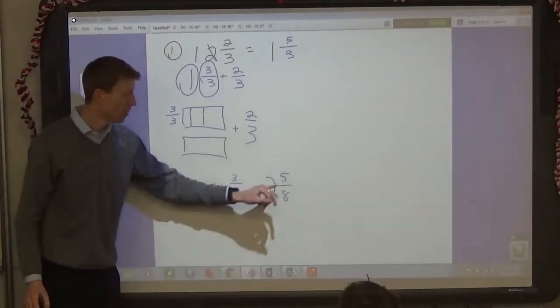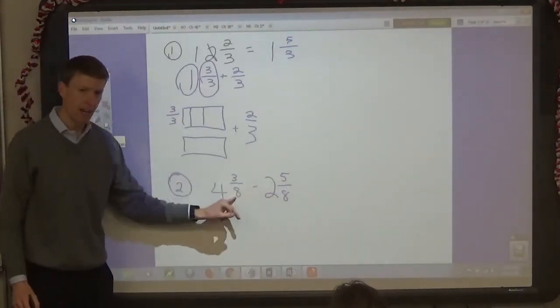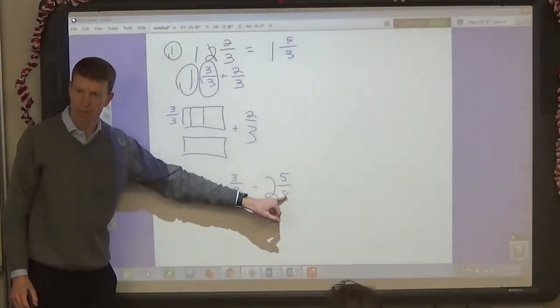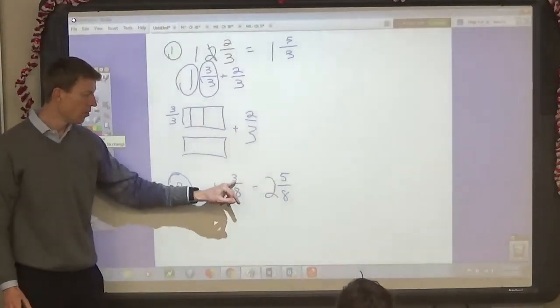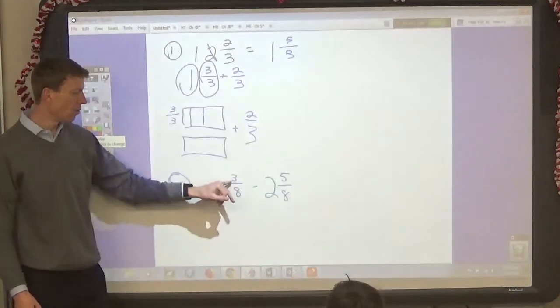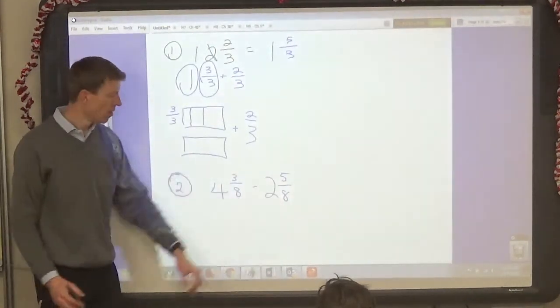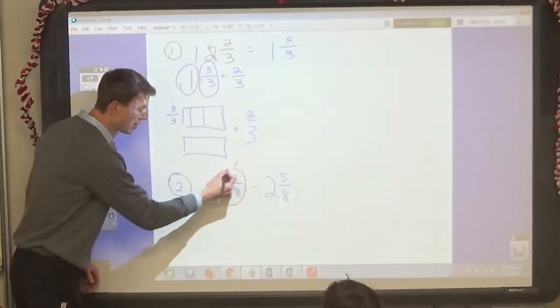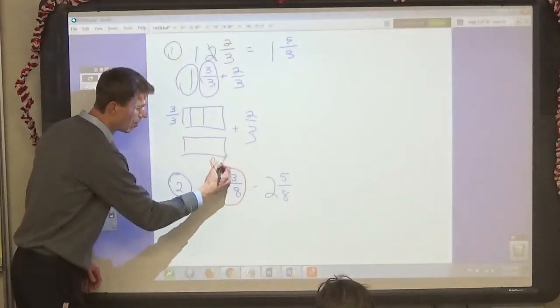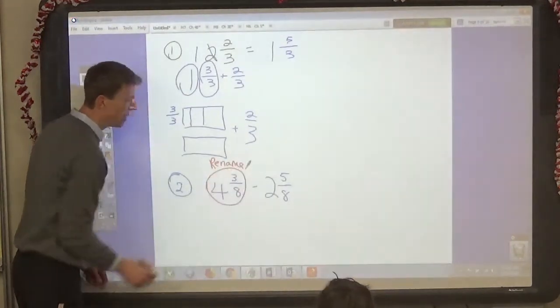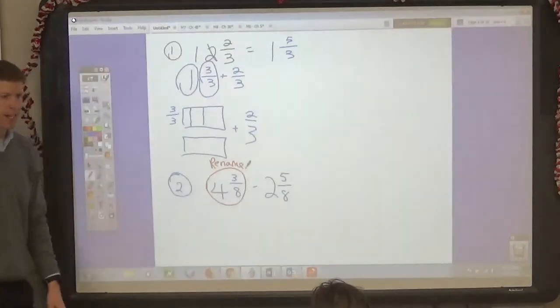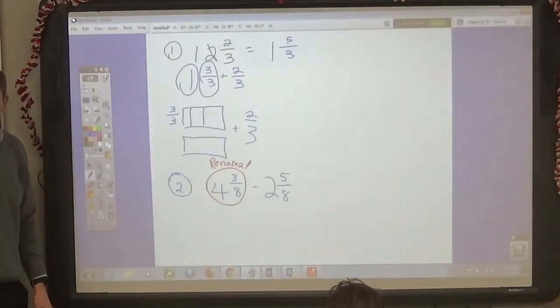Now, they're already in a common denominator, right? So we just need to do the subtraction. But if you only have 3/8, you can't take away 5/8. So we have to rename this. So rename 4 and 3/8, everyone. Write that underneath it.